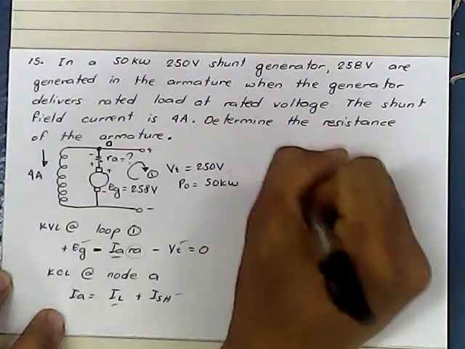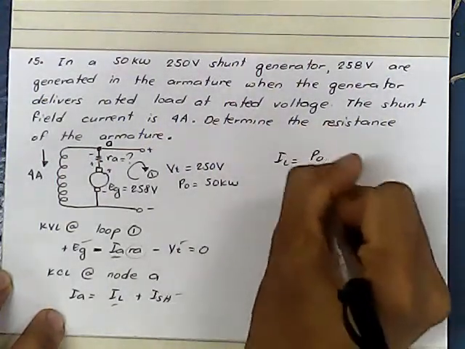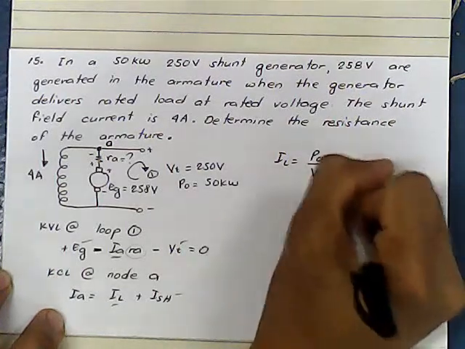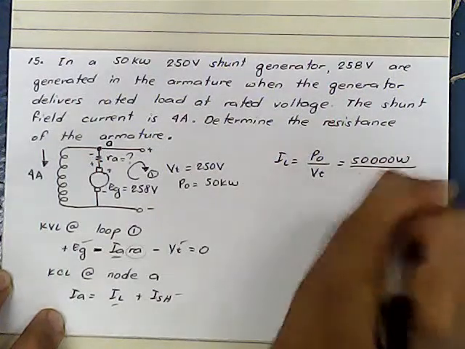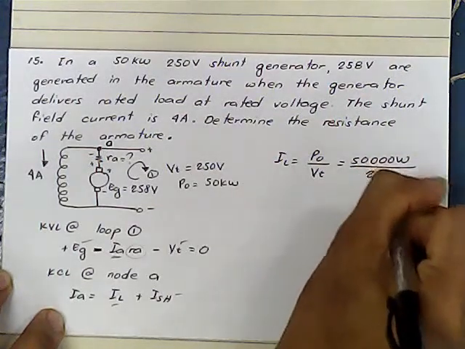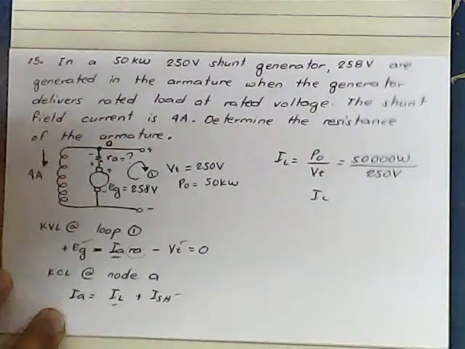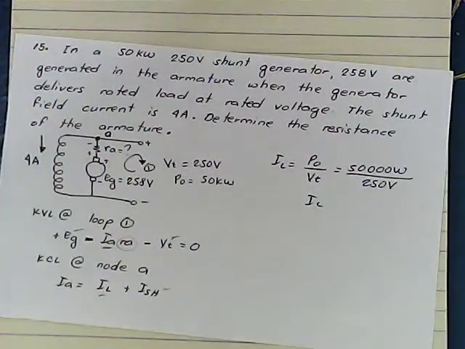So for IL, again, that is the power output divided by the terminal voltage. 50,000 watts po tayo dito, divided by 250 volts. So IL, 50,000 divided by 250.